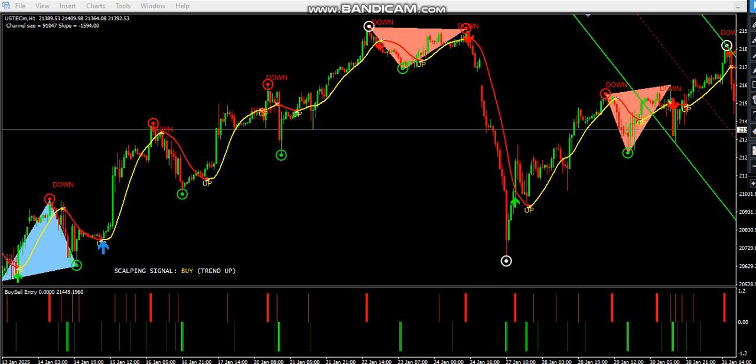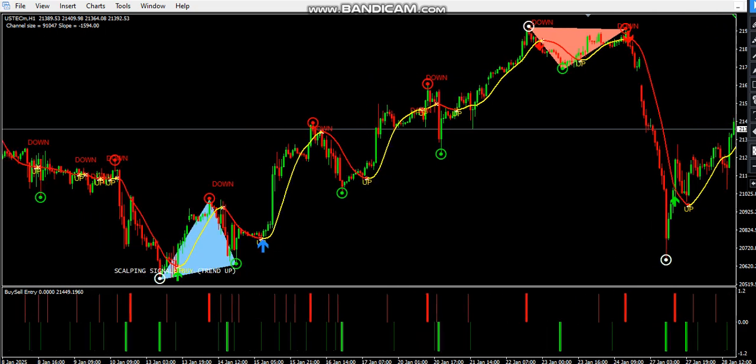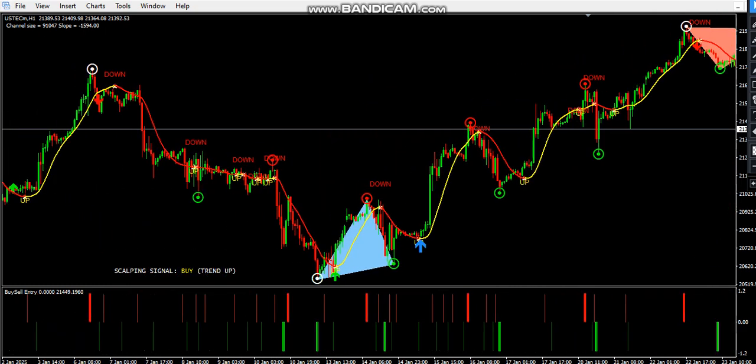Let me show you another one so that you see that it works. Now there's a double bottom. There's the first leg it gave. It created a second leg, but at that point there was no entry. We would have waited. Now at this point it gives us an arrow for a buy.